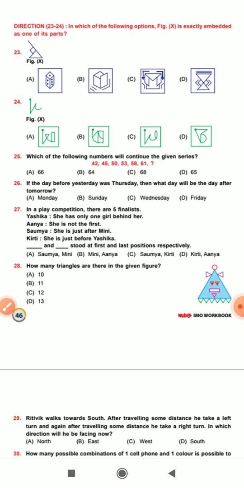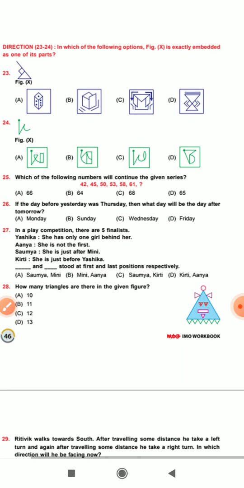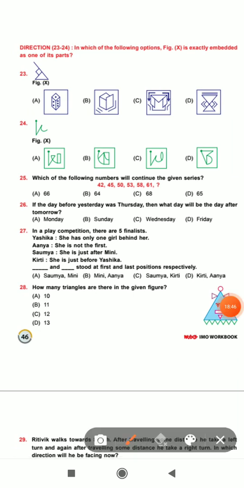D option is correct, because this is the same pattern. Next, question number 24. Look at the picture, figure X. Okay, some are matching, C is the matching answer. Okay, so next.